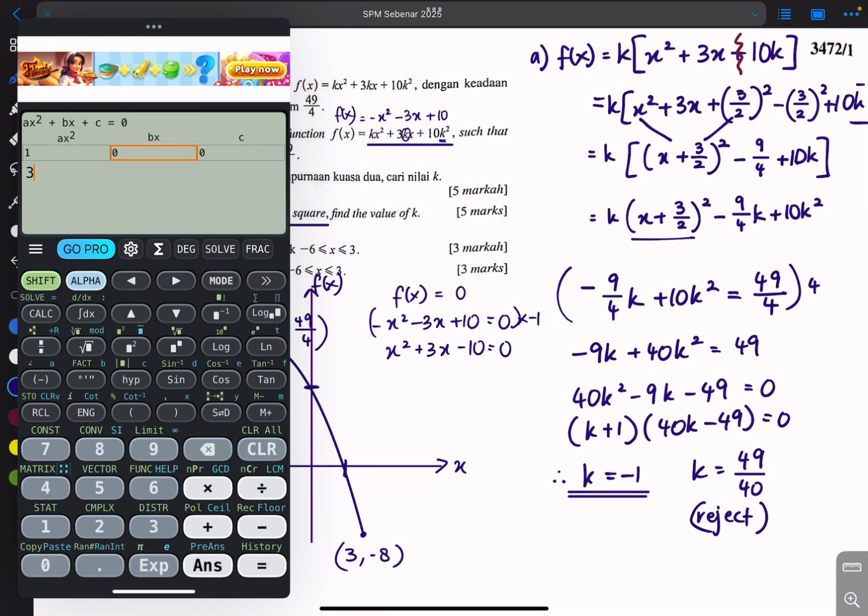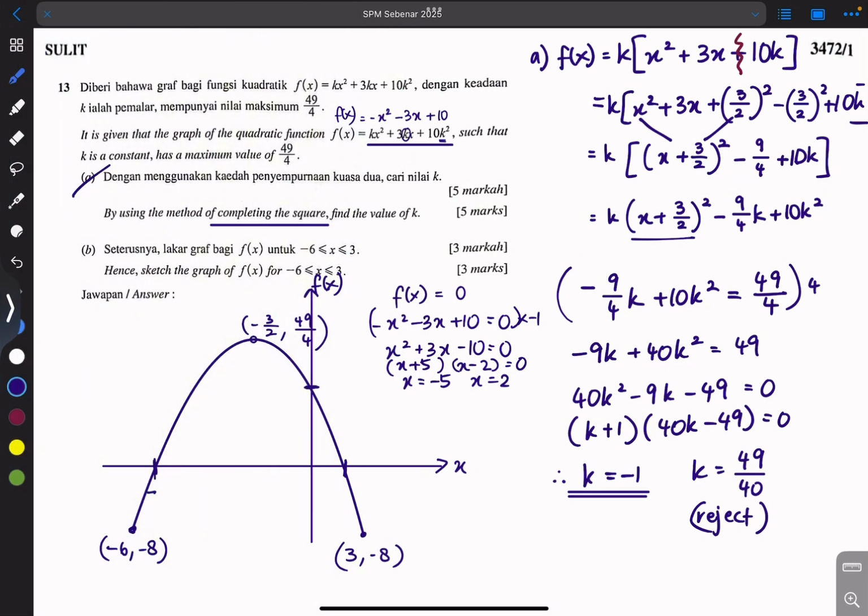Then only we can factorize. So we get x plus 5, x minus 2. So x here is negative 5 and x here is 2.